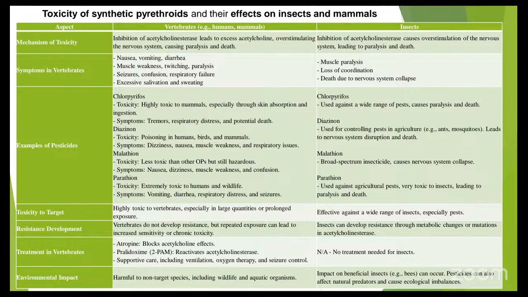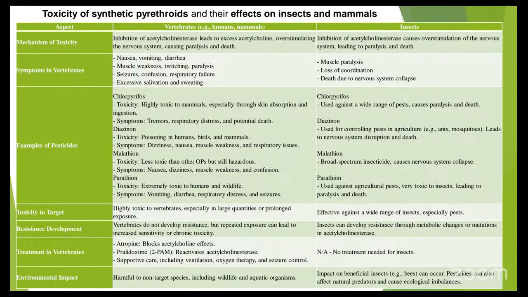And coming to the environmental impact, we have seen how it will affect in various modes in our previous slide. It is harmful to non-target species, including wildlife and aquatic organisms. And in case of insects, impact on beneficial insects can occur, and pesticides can also affect natural predators and cause ecological imbalances. So that is how we see.